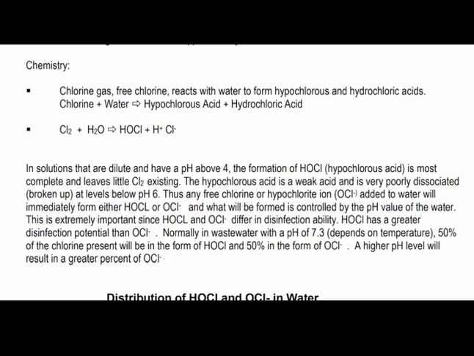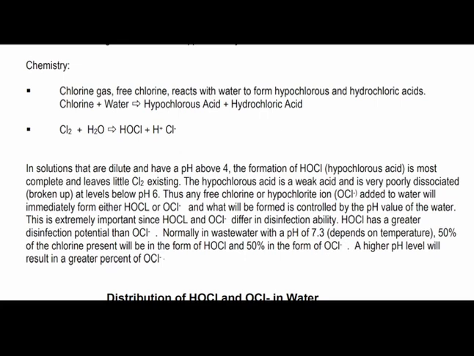This is extremely important since HOCl and OCl-, it's I, not L, differ in disinfection ability. HOCl has a greater disinfection potential than OCl-. Normally, for wastewater with a pH of 7.3, depending on the temperature, 50% of the chlorine present will be in the form of HOCl and 50% in the form of OCl-.